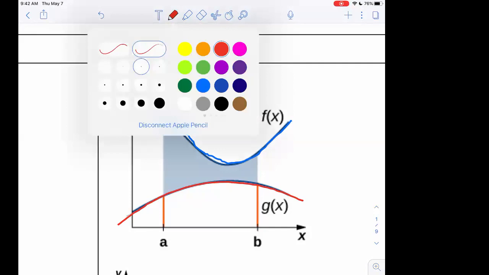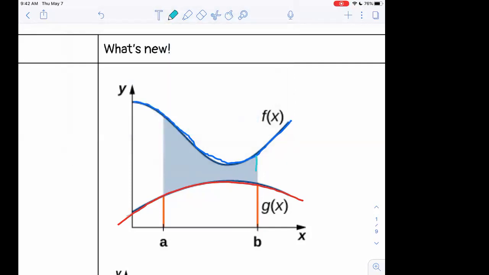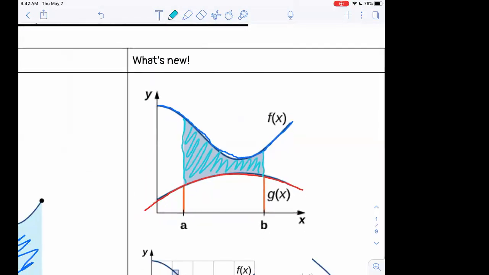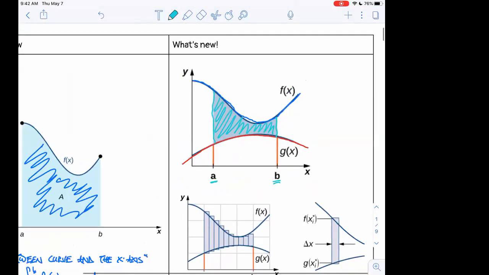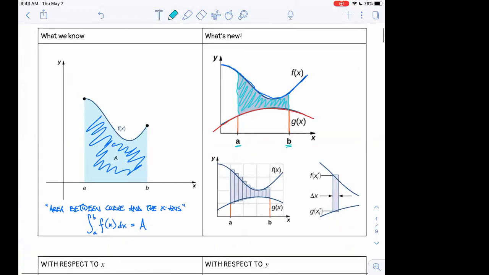What we're trying to do that's a little different from before is find the area sandwiched between these two curves. They still give us a starting point, A, and a finishing point, B. Those two stay the same. What's different is that we have an actual second curve, okay?